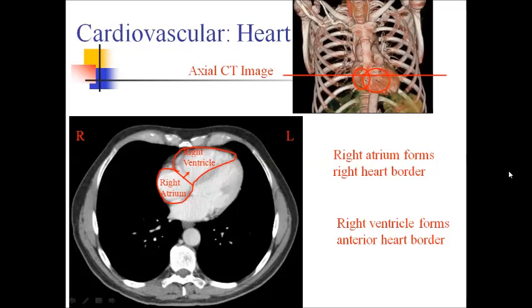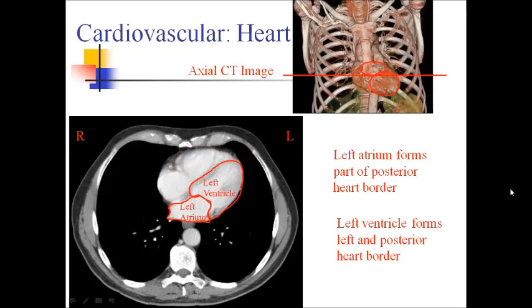Usually, as you see from the pictures, at this level of slice, the right atrium forms the right heart border and the right ventricle forms the anterior heart border. Of the left chambers, the left atrium forms completely the posterior part of the heart, and the left ventricle forms the left and posterior heart border.